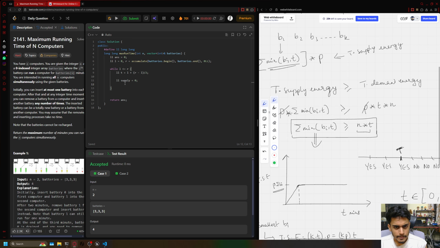Then I will calculate my total supply energy, where I will iterate over all my batteries, and I will increase my supply by 1 times long times the minimum of the batteries I have, T and B. So basically I'm doing this summation, and finally I will check with this relationship.